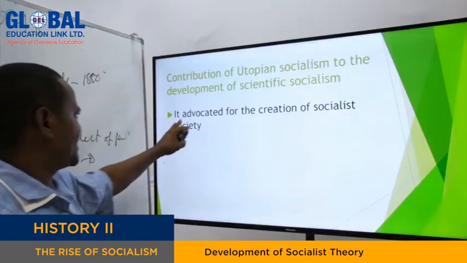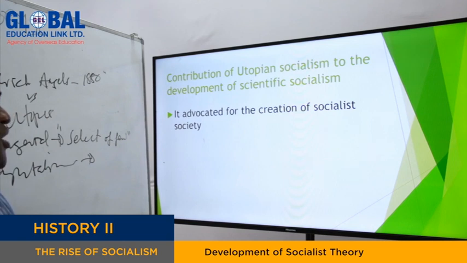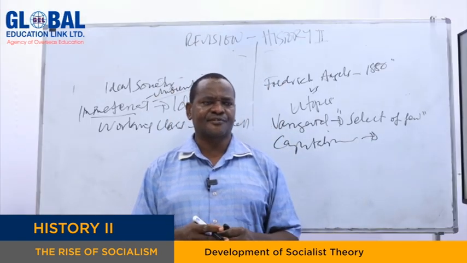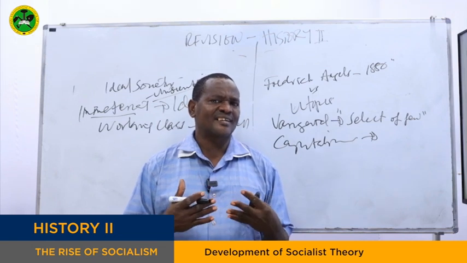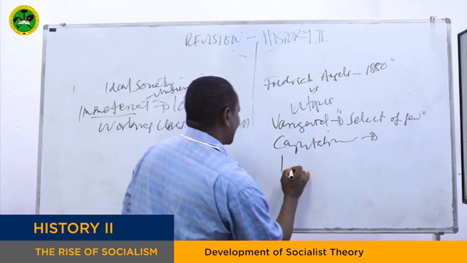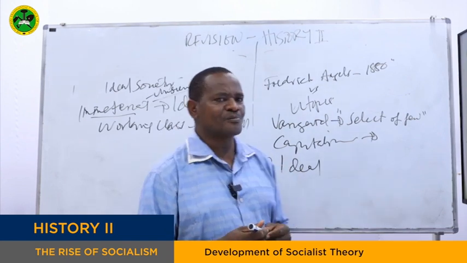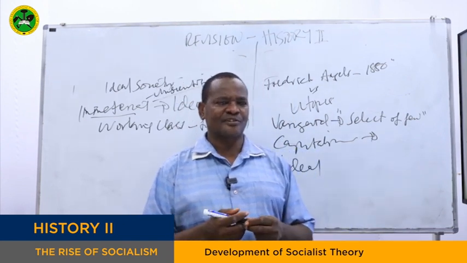Another contribution is that it advocated for the creation of a socialist society, the one it identified as an ideal society, a society which is going to be an example for other societies.